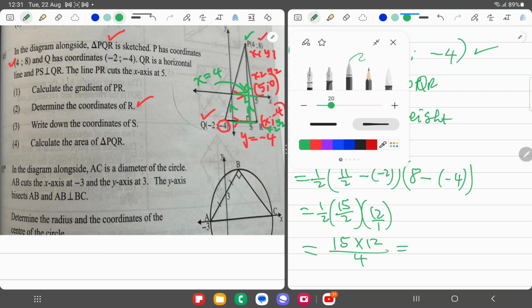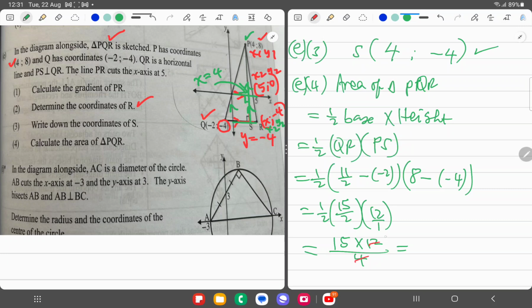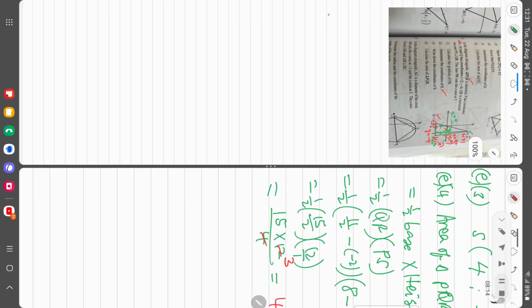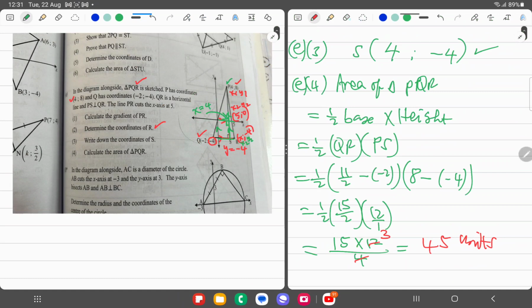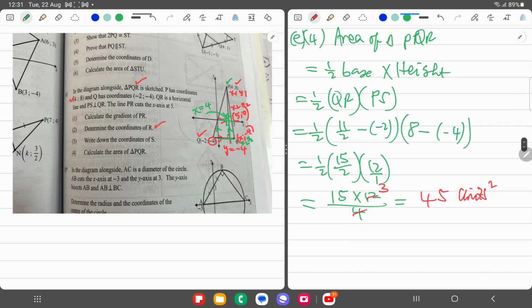The 4 goes into 12 three times, so we have 15 times 3, which is 45 units squared. Therefore the area of triangle PQR is 45 square units. And we're done. Thanks everybody, goodbye to you.